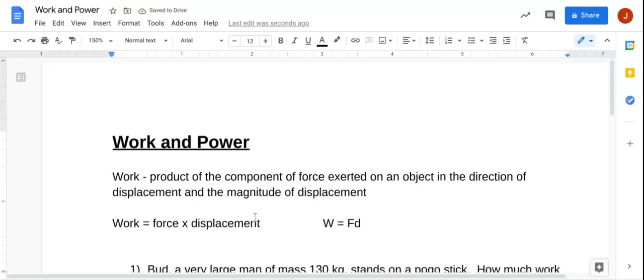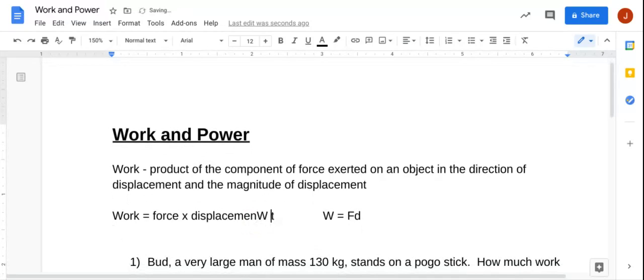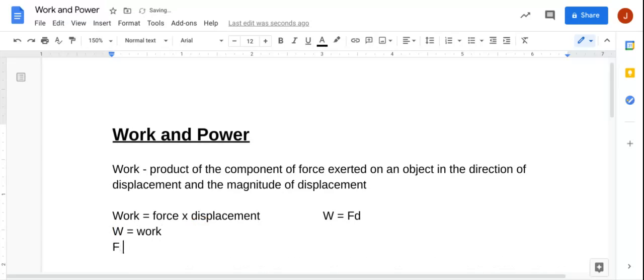What these letters mean, again: W is work, F is force, D is distance. I'm going to put the units with these because this is important. When you're looking at problems, you need to be able to recognize if you have 22 joules, what that actually means.